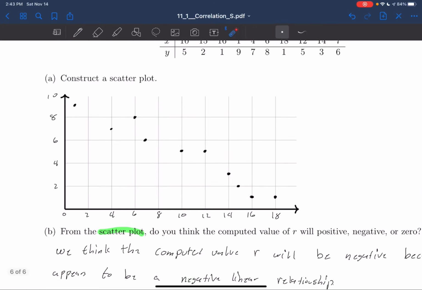Cool, because if you look at the plot here, it does. Because it's going downwards, there's a negative linear association.